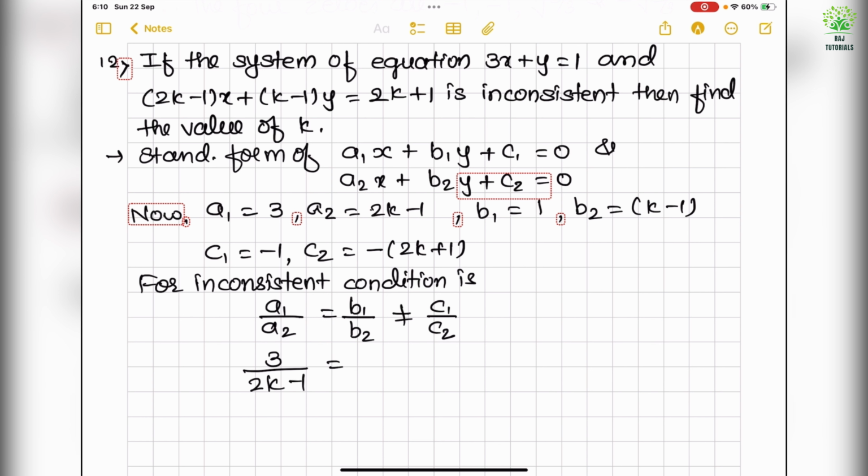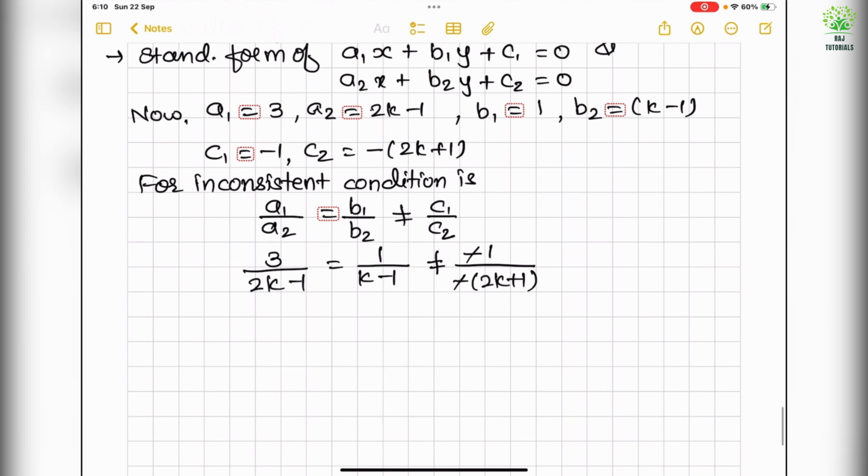So that means a1 is 3 upon 2k minus 1 equal to b1 is 1 upon k minus 1. So now multiplying, should not be equal to minus 1 upon minus 2k plus 1. So minus minus got cancelled.